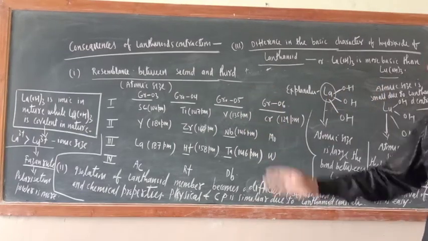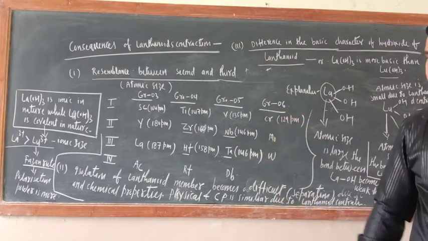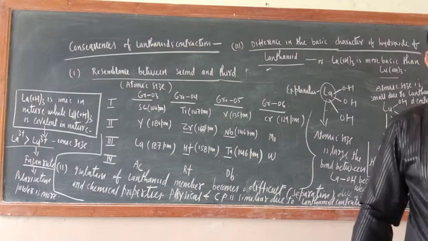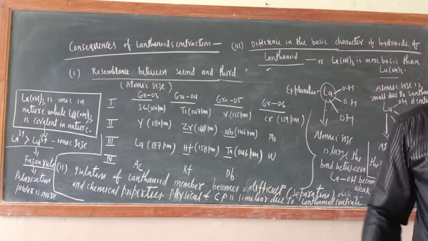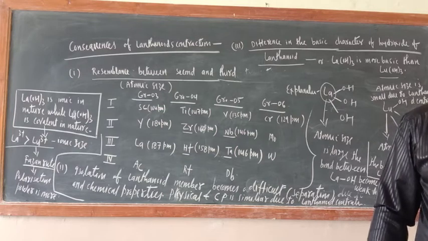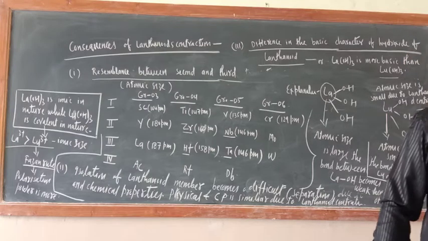Sometimes they will ask why lanthanum hydroxide is ionic in nature while lutetium hydroxide is covalent in nature. All answers belong to lanthanide contraction only. As such, they will not ask what are the consequences of lanthanide contraction. Individual questions they will ask. Zirconium and hafnium are known as twin elements. Why?